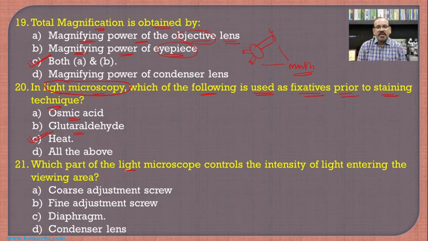Then which part of the light microscope controls the intensity of light entering the viewing area?